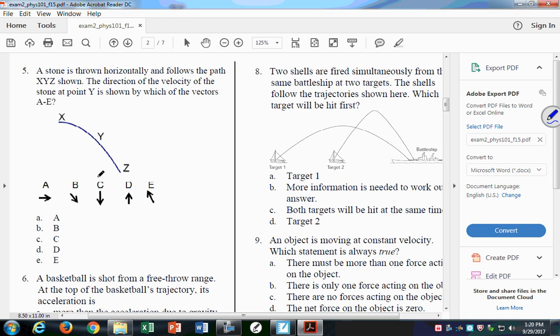Well, at point X, the velocity is only in that direction because it only has an X component. At Y, it also has an X component, but it also has a Y component. And so the net velocity vector will be in this direction. So B is the right answer.